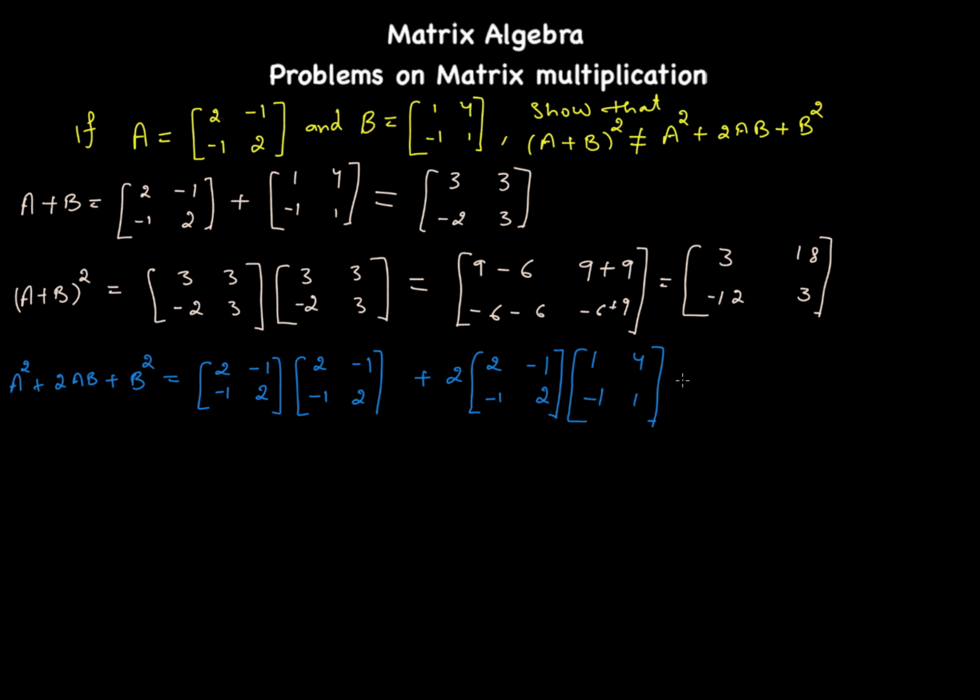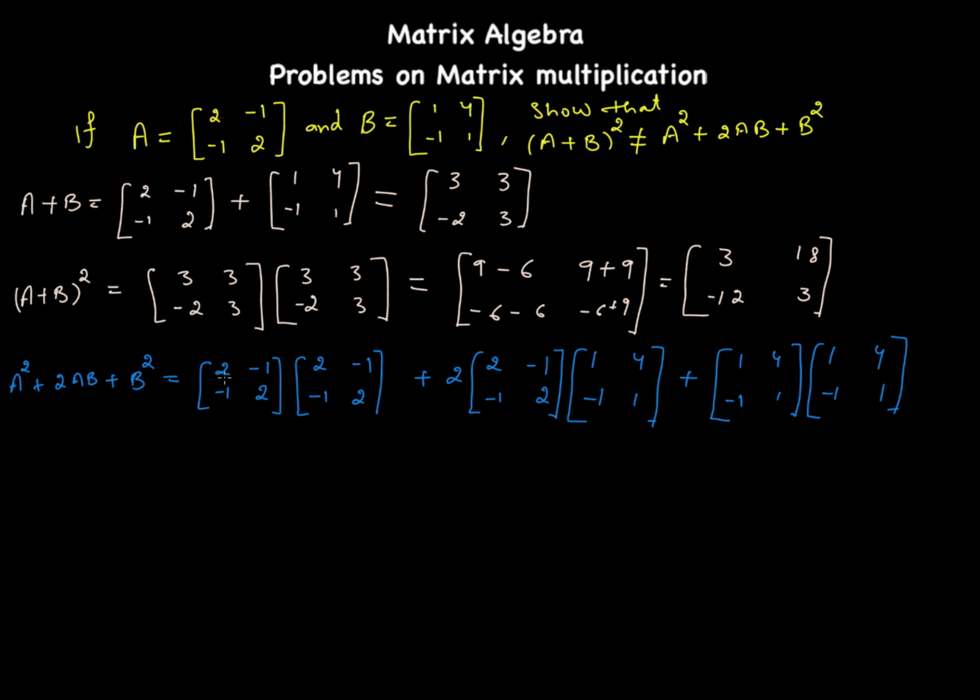And then we got B squared, which is basically B multiplied by itself, [1, 4; -1, 1] times [1, 4; -1, 1].